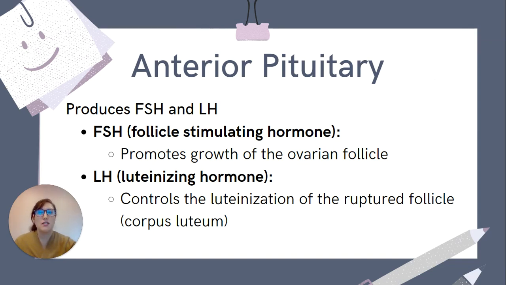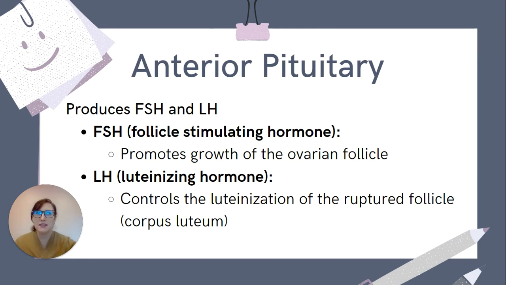Now, LH is secreted in relatively low concentrations until it surges mid-cycle, about 1 to 2 days before ovulation. This surge, referred to as the LH surge, is what prompts the ovary to release a mature egg from a follicle, also known as ovulation. And then after ovulation, the area on the ovary from the ruptured follicle begins to luteinize.